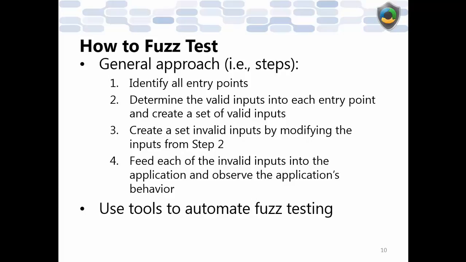Third, you want to modify the valid inputs created in step 2 to create invalid inputs. The final step is to feed these invalid inputs into the application and observe how it responds. If it crashes or raises an exception or causes some unexpected error, then a potential security code issue has been identified.